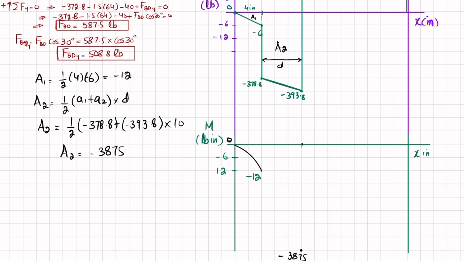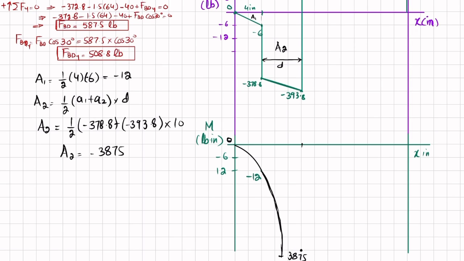The unit will be pound into inch, and you can see that here the shear force is a 1 degree line and slope is decreasing, so bending moment will be a second degree curve in clockwise direction. Okay, so I have to draw it like a curve. It will be like this.